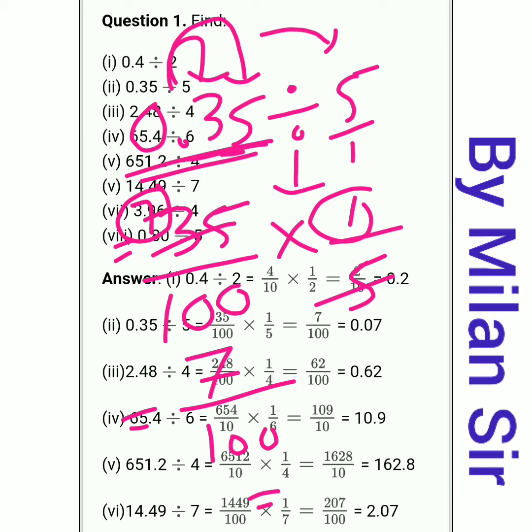Now in denominator we have two zeros, 100, right? So in numerator, before two digits we need to put decimal point. We have only one digit 7, so we need to write 0 so it becomes two digits, and before these two digits we need to put decimal point, and before that nothing is remaining, so we need to put 0. Okay, so 0.07, this is our answer.